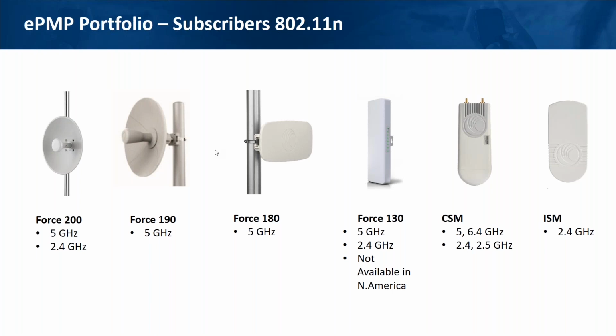If we were to bring a product like that into North America, it would have to be priced higher, which would start to put it closer to the price point of the Force 313 in the case of 11AC Wave 2, and the Force 180 with the 11N. It just starts to pinch too close to those price points as the cost of that filter goes up. So it's just that regulatory requirements are different in those regions.